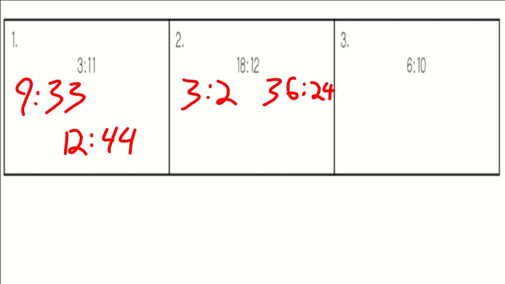All right, y'all try 6 to 10. Get 2 more ratios that are equal to it. There's basically pretty close to an infinite amount of possibilities. Robert, give me one. 3 to 5, that works.